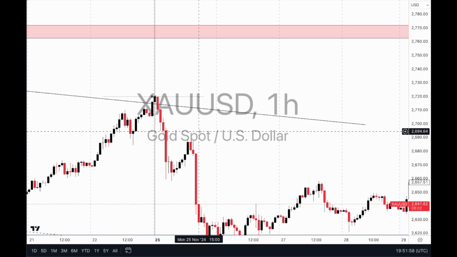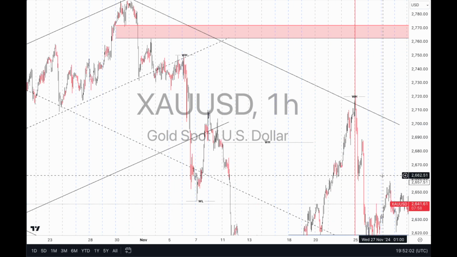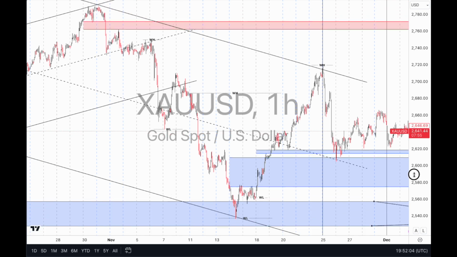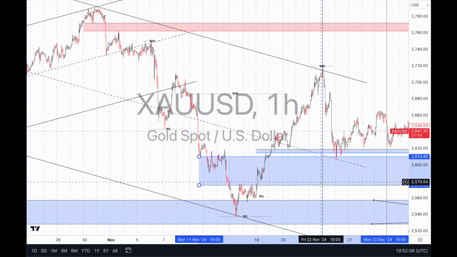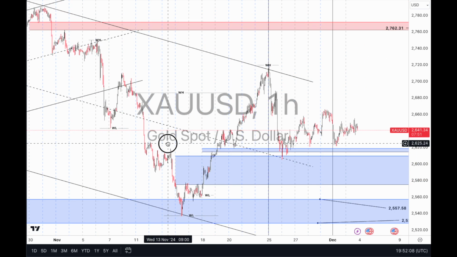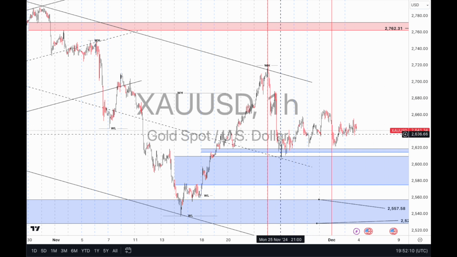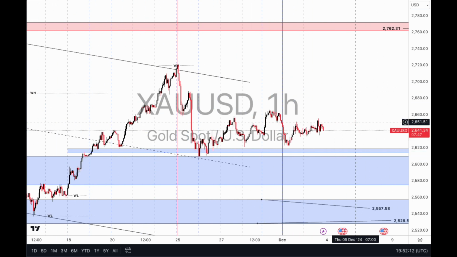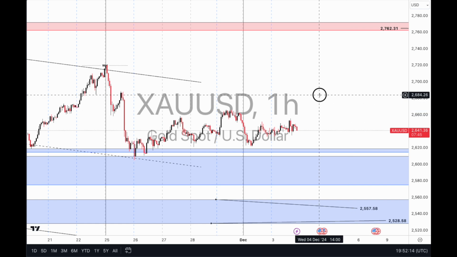So we're just going to keep that there as standard. And then we're going to locate the weekly low, which came in on, say, Tuesday, give or take.